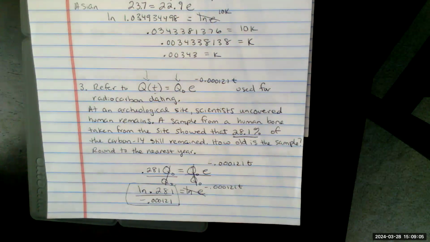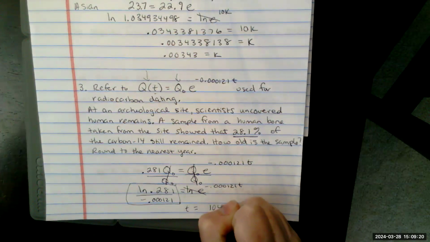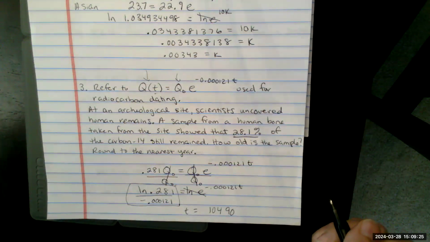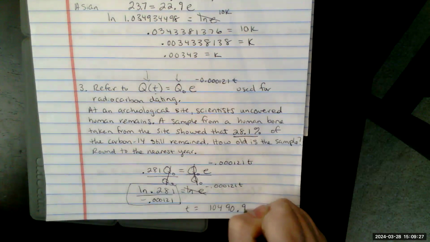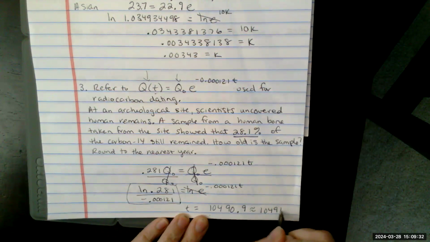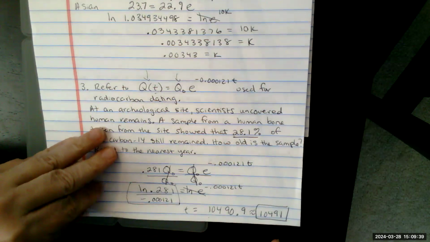So again, make sure you do the ln of 0.281, end your parenthesis, and then divide by the decimal. So I got this and just round to the nearest year. Okay, so if I got this 0.9, I would round that to 91. So it's that many years.